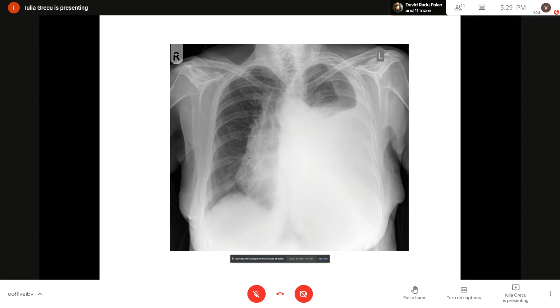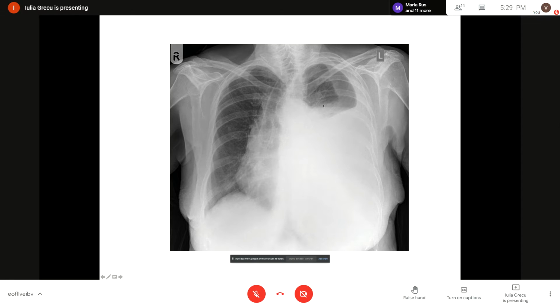In the cases of large pleural effusion, we have to keep in mind that the opacity that we will see will determine a shift in the mediastinum, because the fluid expands the hemithorax. It will push the mediastinum away from the opacity, as you see in this picture.